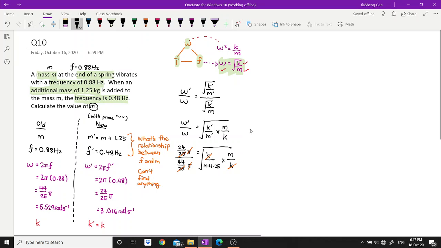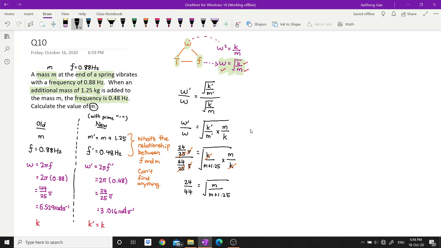So what will come out in the end is 24 divided by 44, and here you have square root of M divided by M plus 1.25.